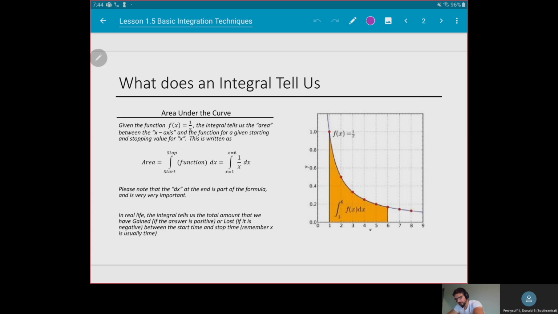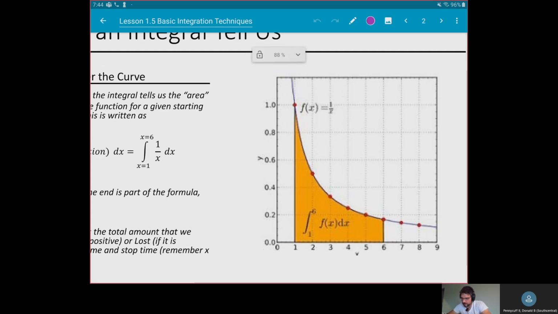That's what we're saying. So right here, if we're just looking at this right here, that is 1 over x. I'm just going to use my calculator, which I'll show you guys how to do. I don't have the program on this computer, so I can't really show you today, but I will get that in one of our future videos. So I'm just going to add that up from 1 to 6.